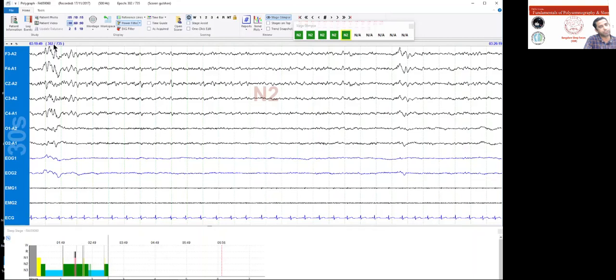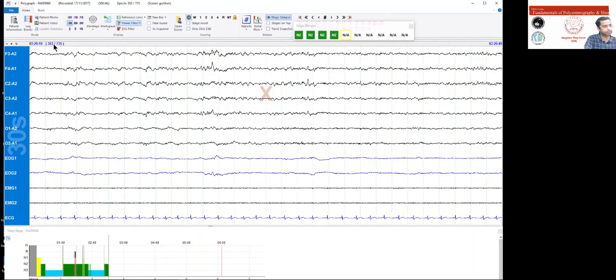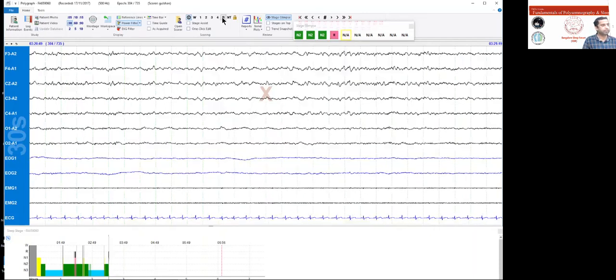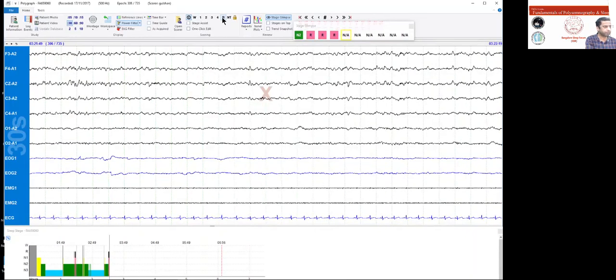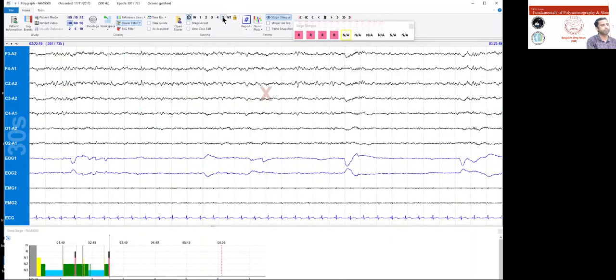Okay. Background EEG, low amplitude mixed frequency, all those things. So this rapid movement is there now. So R stage, R stage. EMG is very low, you see.